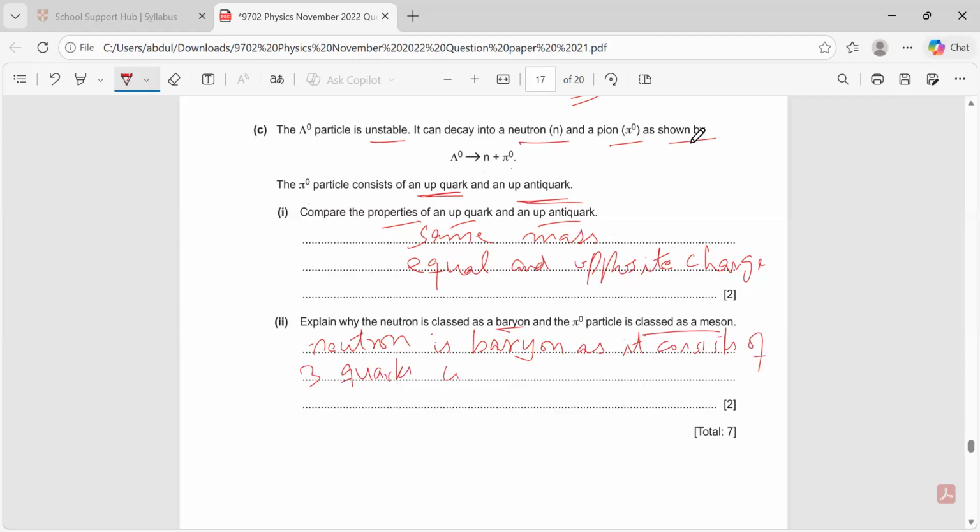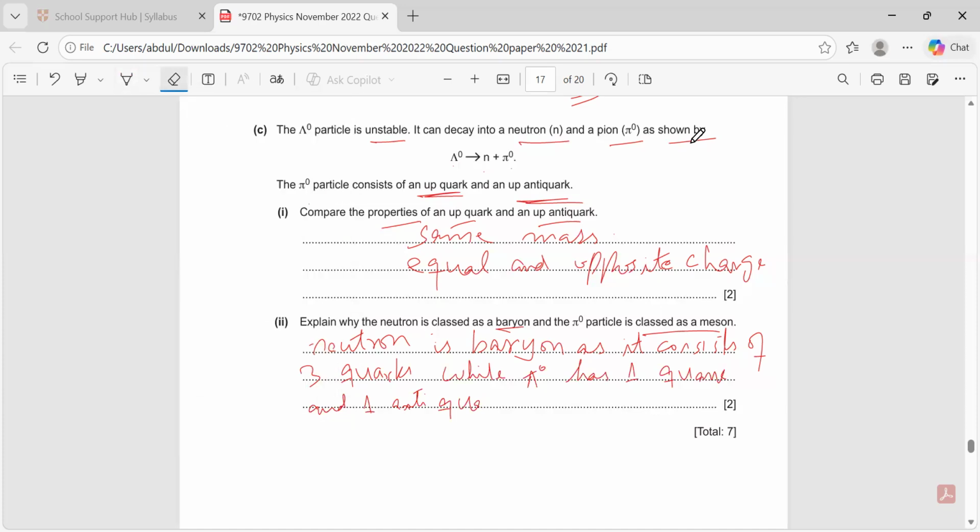While pion has 1 quark and 1 antiquark. So remember that baryons, like protons and neutrons, are all baryons.